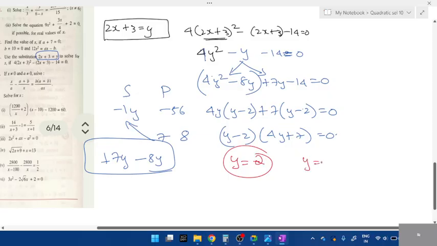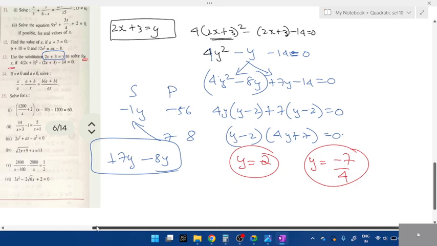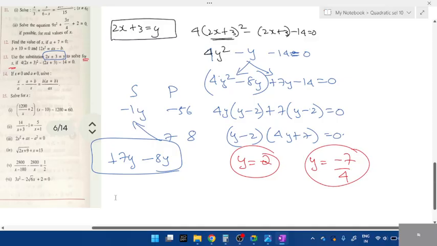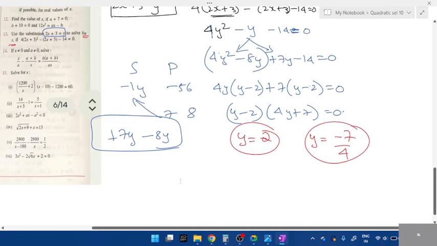And here, 7 goes to the other side, becomes minus 7 by 4. But this is not what they've asked. We need to find value of what? Solve for x. Can you see solve for x? All of you will complete it till here.